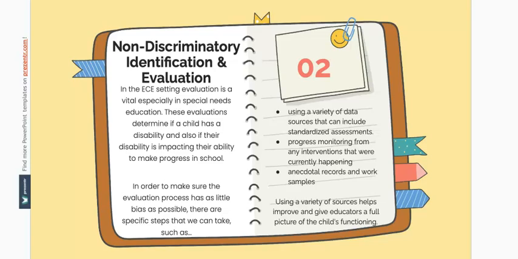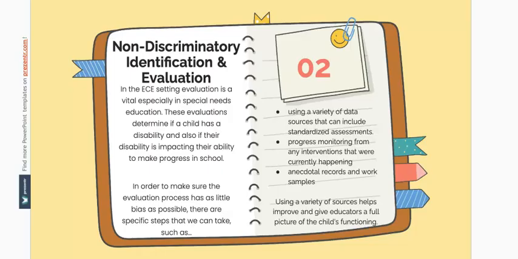Next is nondiscriminatory identification and evaluation. In the ECE setting, evaluation is a vital part of these programs, especially in special needs education. These evaluations determine if a child has a disability and also if their disability is impacting their ability to make progress in school.